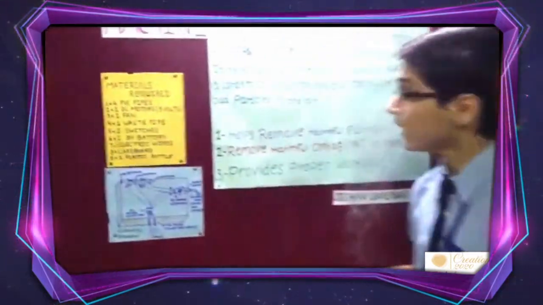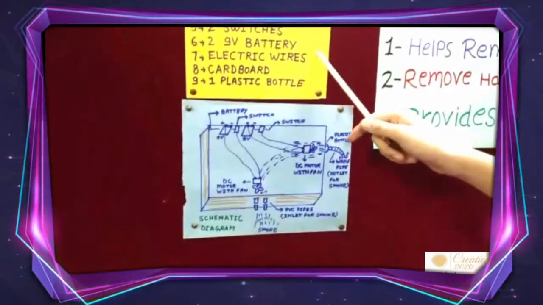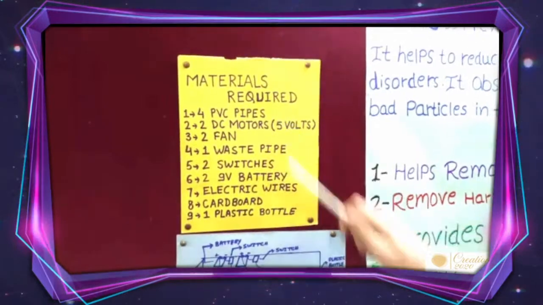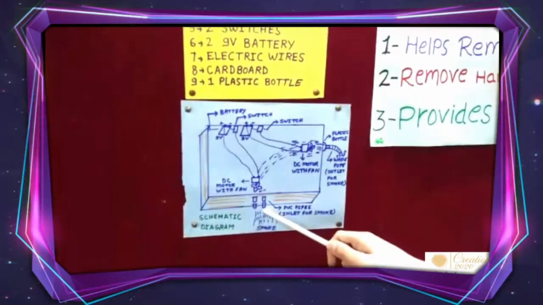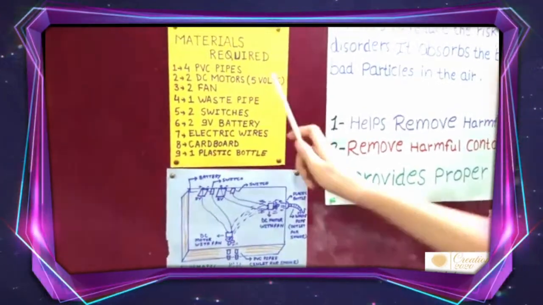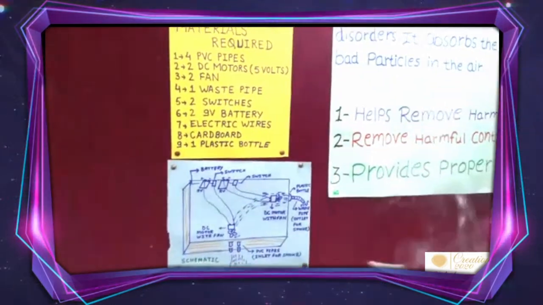So here I have made a schematic diagram and listed the material required for this project. Here we can see 4 PVC pipes. In this schematic diagram, 4 PVC pipes are used as the inlet for smoke. 2 DC motors, each of 5 volts, are connected to one fan each.